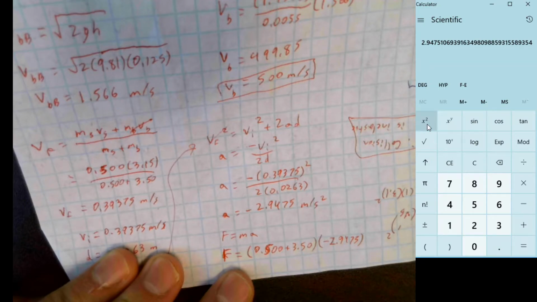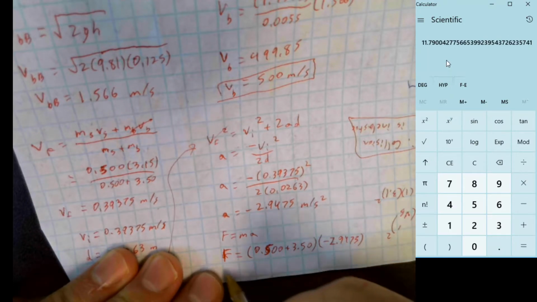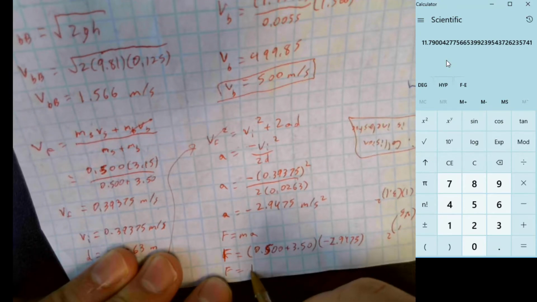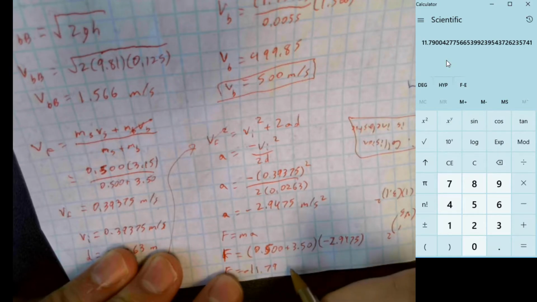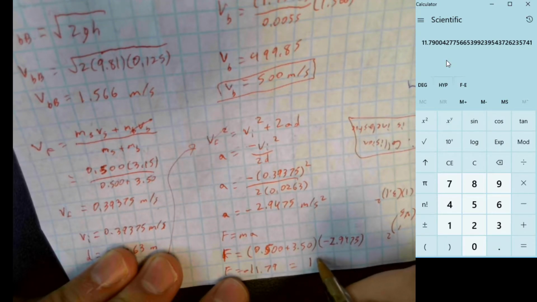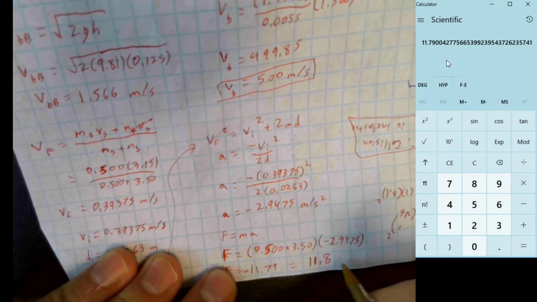Multiply this by 4, and I end up with a force of 11.79. That's negative, and when I round for significant digits, I'll write it as a positive because I know it's a frictional force, so it's going to be opposing. It's going to be 11.8 newtons.